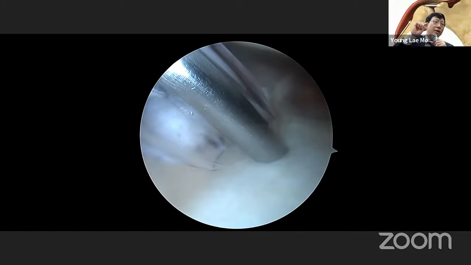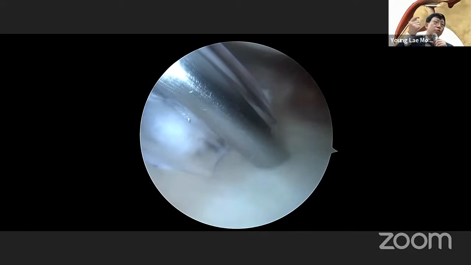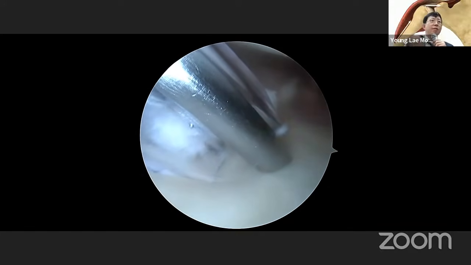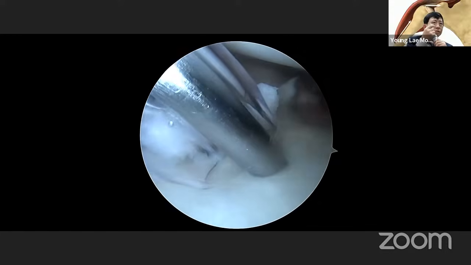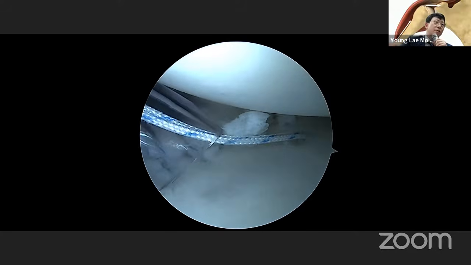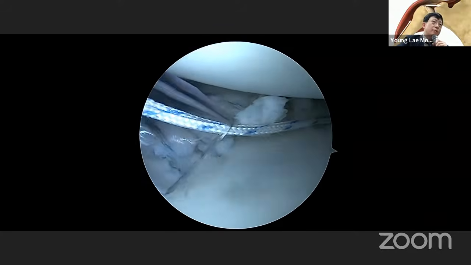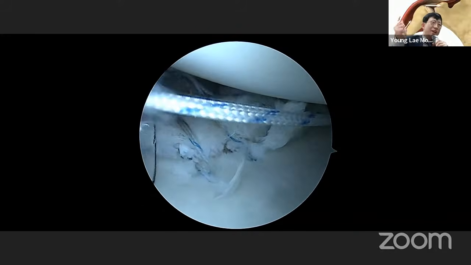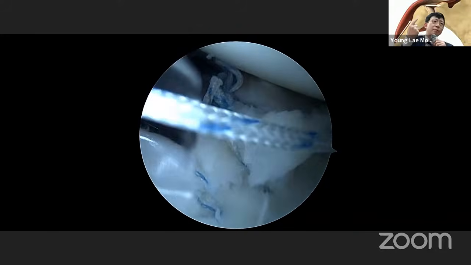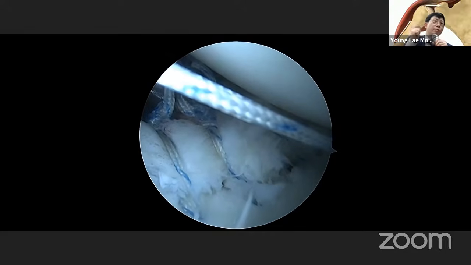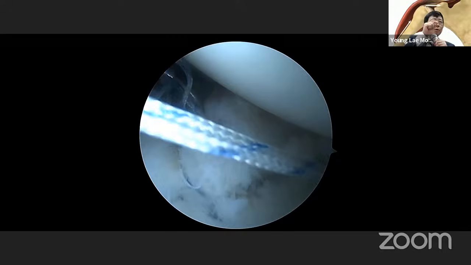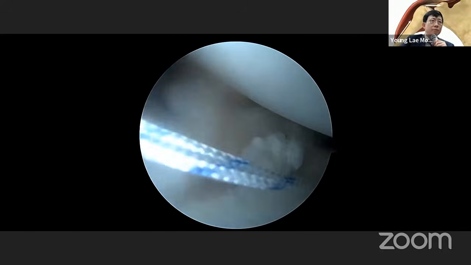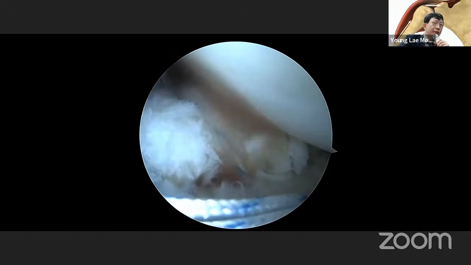If I utilize a reusable suture hook, we cannot penetrate the bone region clearly. That's why I utilize just a one-time use suture hook, a sharp hook, a knife, a metal hook that can penetrate this kind of very spongy bone conveniently.